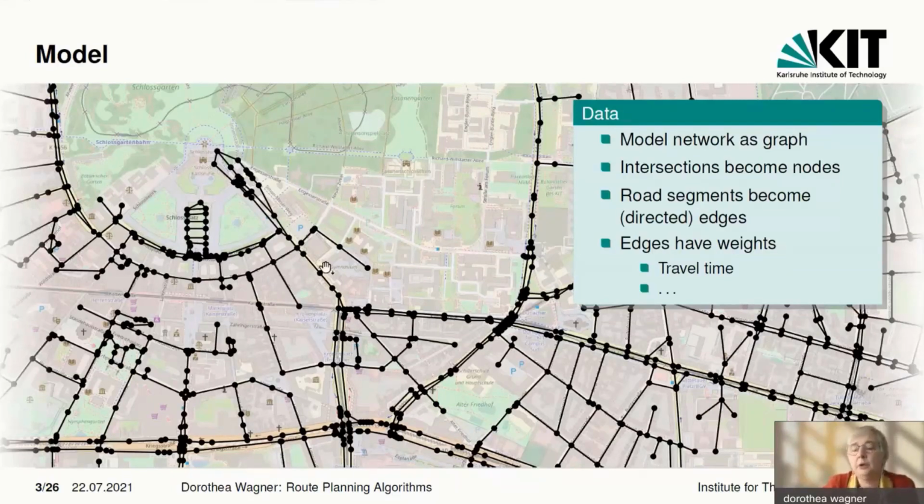But the weights could also be something else, for example, the distance in kilometers or meters, or it could be something completely different, like the power consumption of an electric vehicle that wants to go from here to here. But in our scenario for this talk, it's typically the travel time.